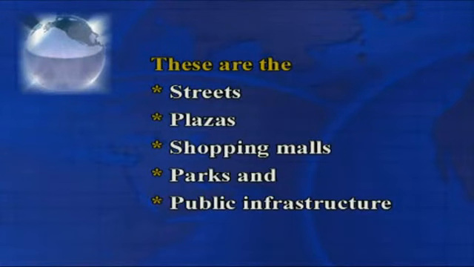These are the streets, plazas, shopping malls, parks and public infrastructure. Some aspects of privately owned spaces such as building facades or domestic gardens also contribute to public space and are therefore considered by urban design theory.